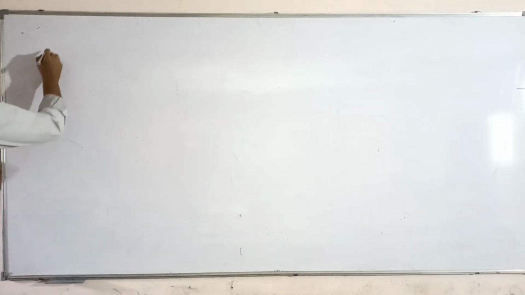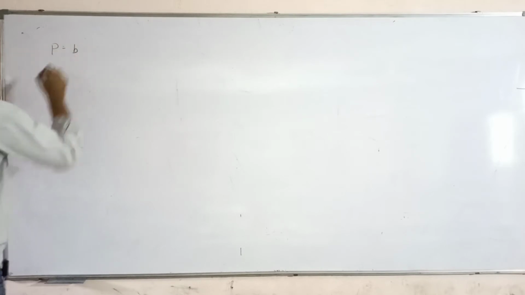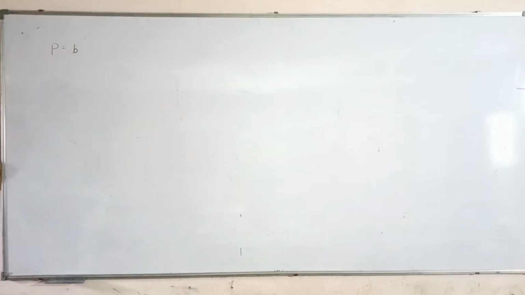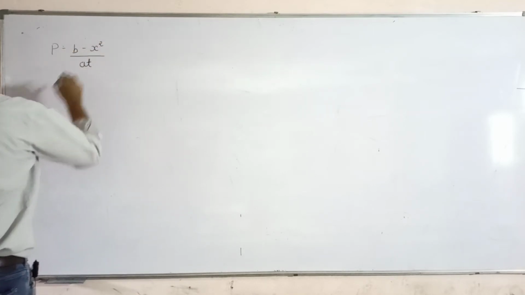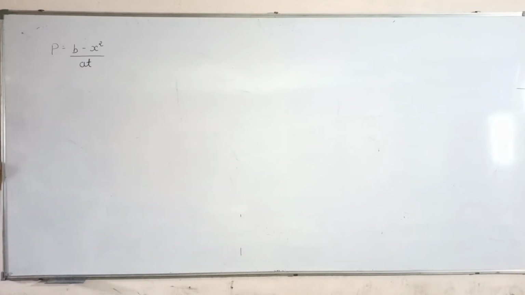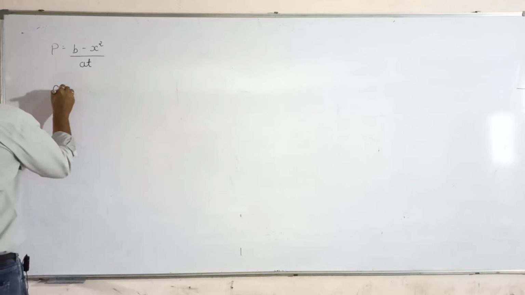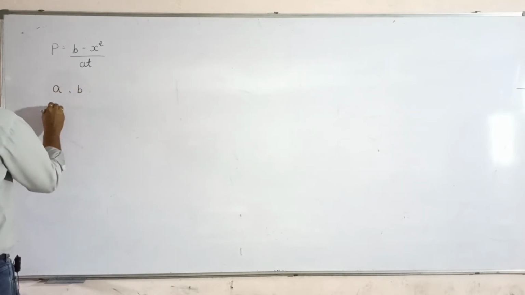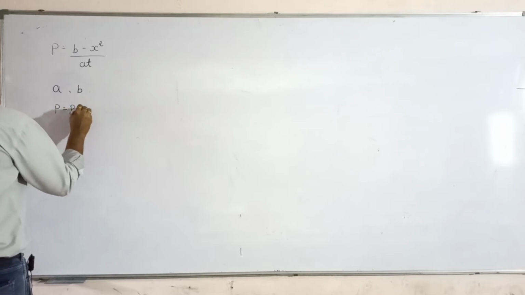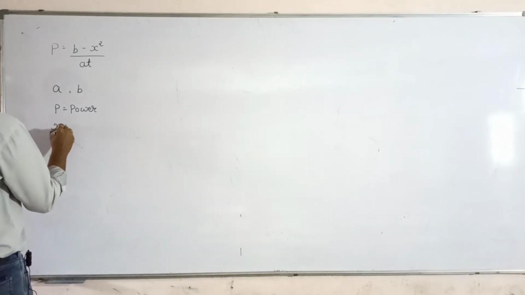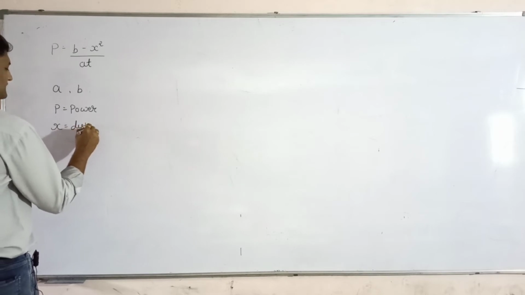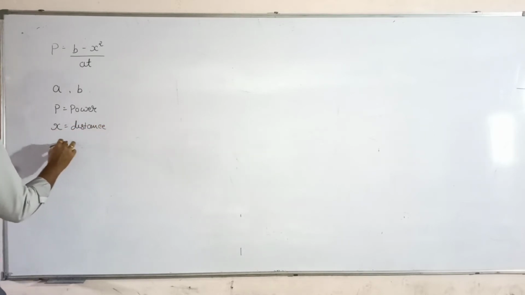Relation is given: P is equal to B minus x square upon A t, and we have to find out A and B. Here P is equal to power, x is equal to distance and t is equal to time.